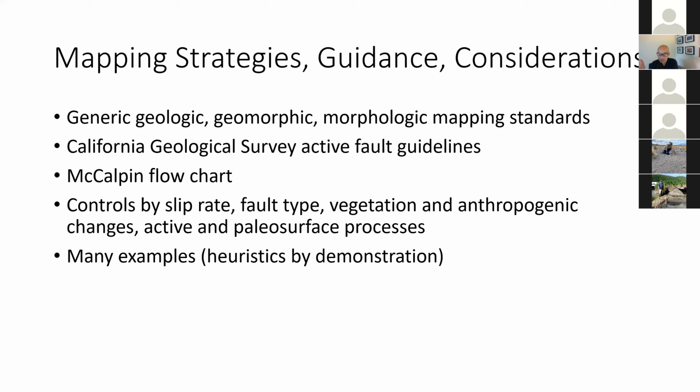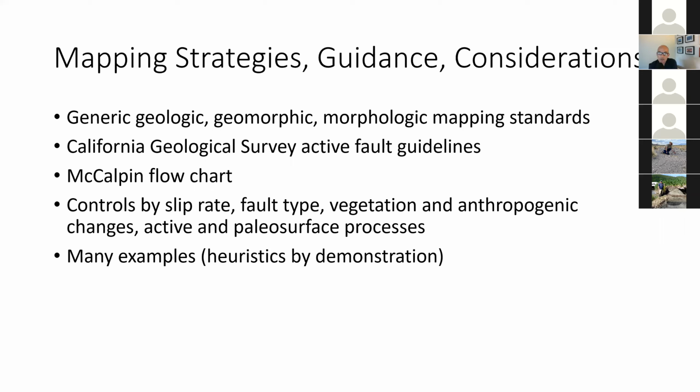Basically, the lesson here is we need to write a textbook. We know that these fault zones are what we see. The topography is controlled by the slip rate, the fault type, the vegetation, anthropogenic changes, and then the current and past processes operating over the surface. So that's what we're dealing with.